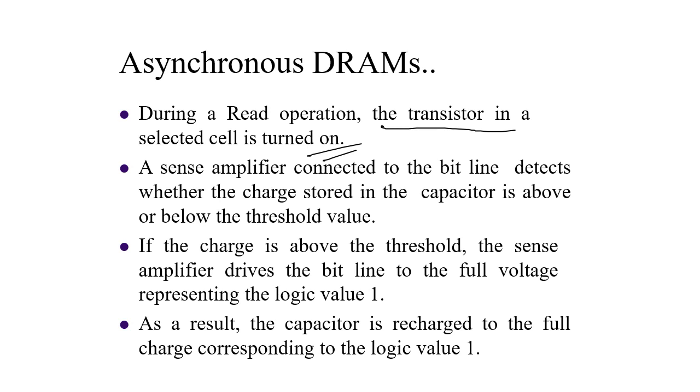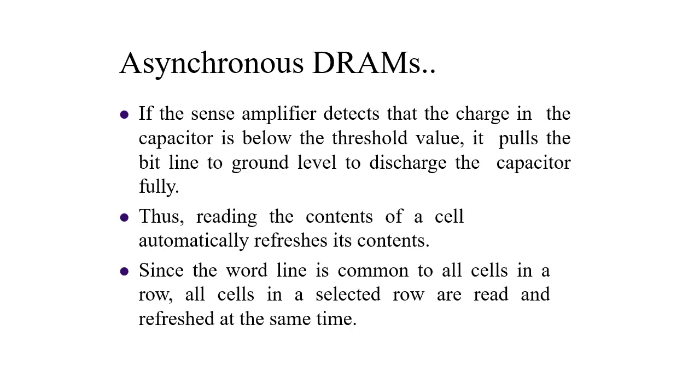As a result, the capacitor is recharged to the full charge corresponding to the logic value 1. Similarly, if the sense amplifier detects that the charge in the capacitor is below the threshold value, it pulls the bit line to ground level to discharge the capacitor fully. Thus, reading the contents of the cell automatically refreshes its contents.